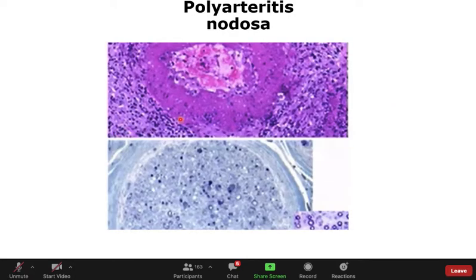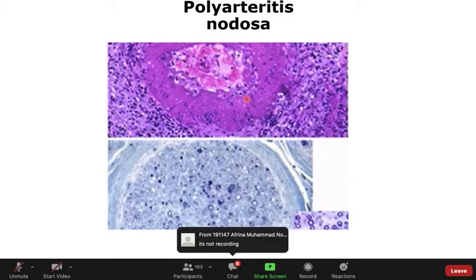Now this is polyarteritis nodosa. So I chose an autoimmune disease, and in the upper picture here, you will see that this small artery has undergone fibrinoid necrosis. The whole arterial wall is gone. There are a lot of inflammatory cells in and around the artery.